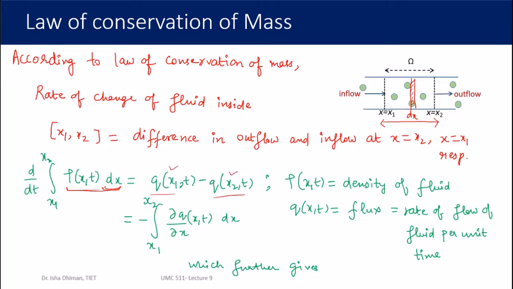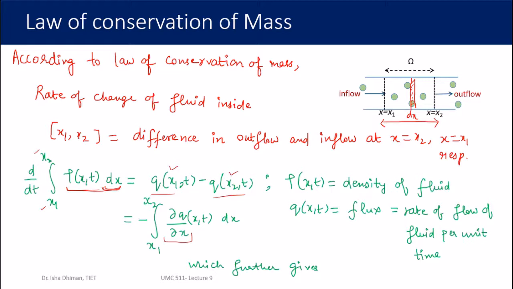Since on the left hand side the integral is from x1 to x2, the lower limit is x1 and the upper limit is x2. On the right hand side also I have kept it the same, because when you integrate the derivative, you get the function back.